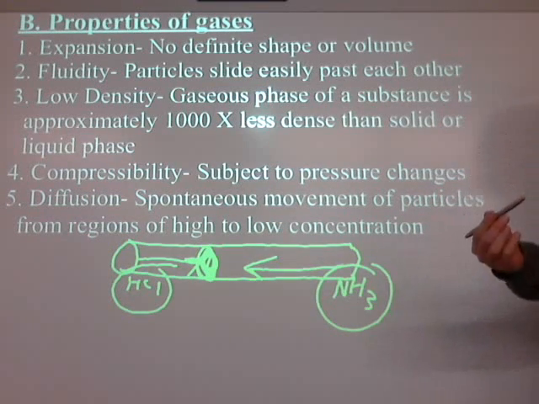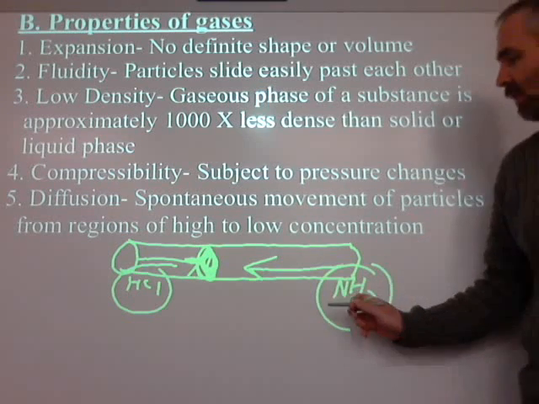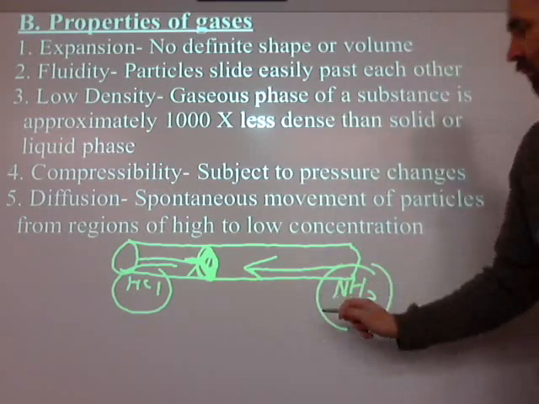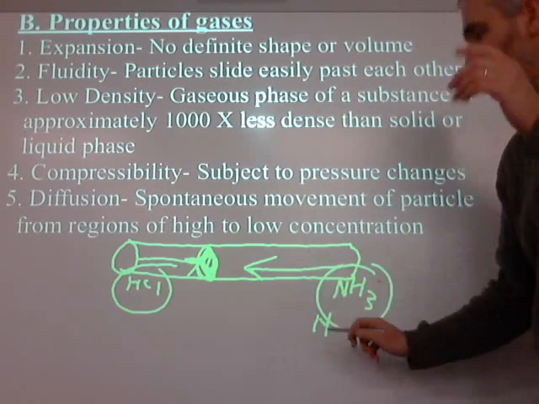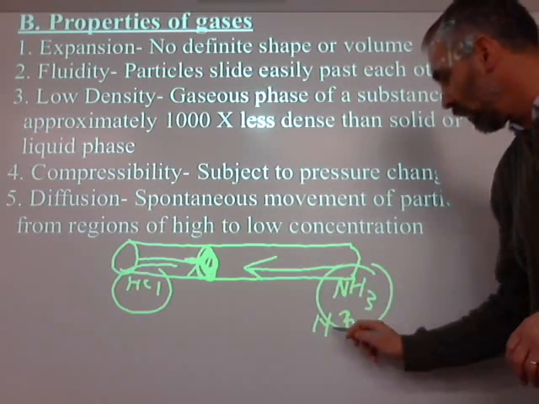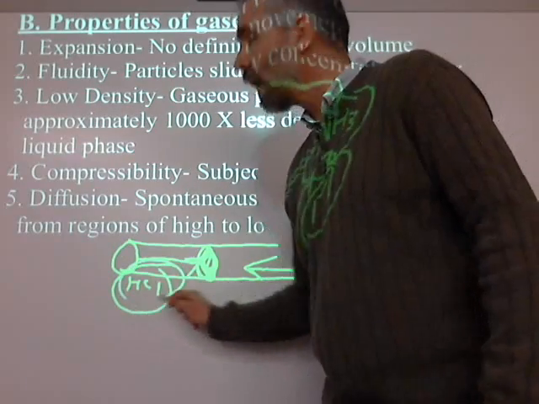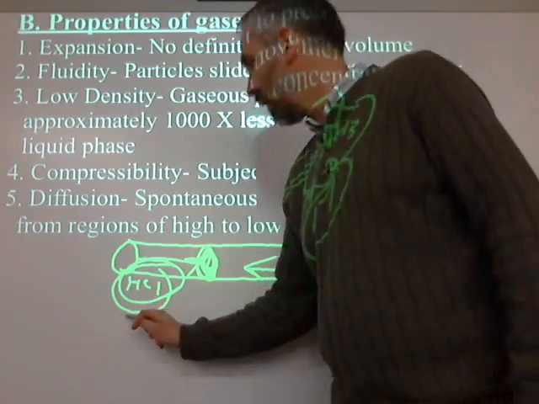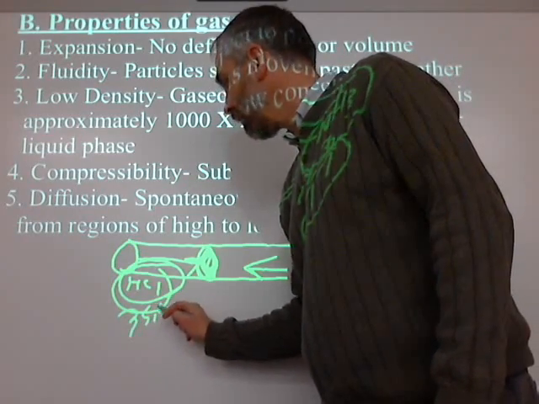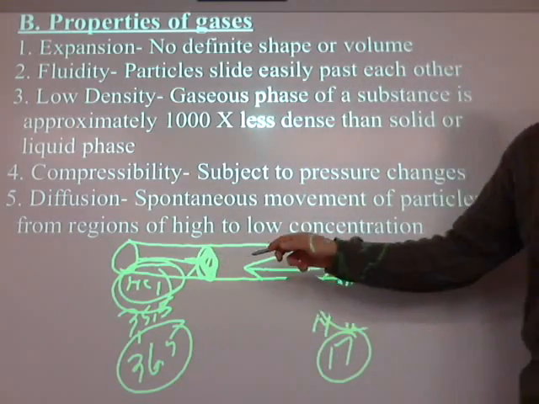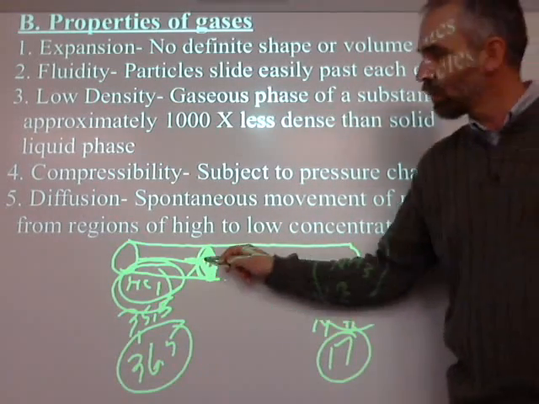Lighter, right? How much does NH3 weigh? N is about 14, and H is about 1, so 3 times 1 is 17 total grams per mole. How about HCl? Cl is 35.5, and H is 1, so that's 36.5. He weighs more. So that's why this guy moves faster.